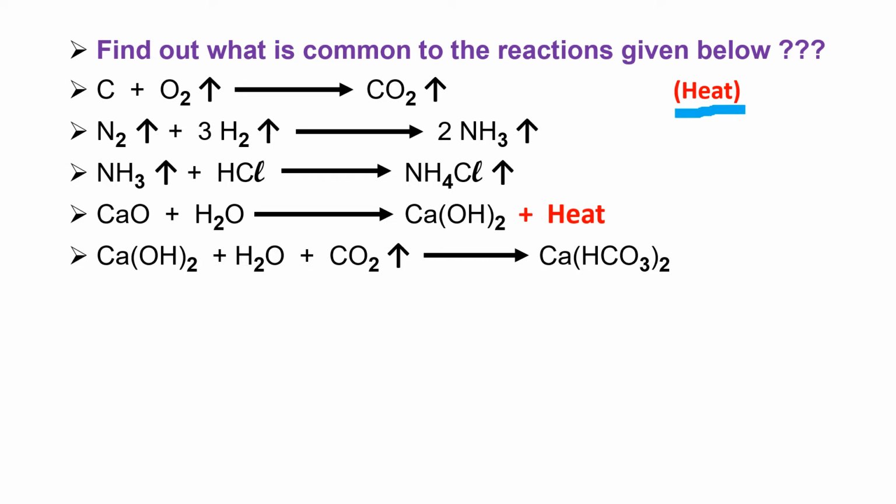This is the condition required for this first reaction, carbon plus oxygen giving carbon dioxide. But because of space constraint, I have written it on the right hand side. Actually this word heat should have been written on the arrow.